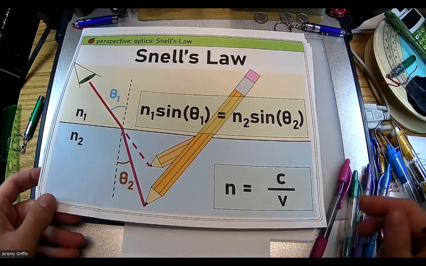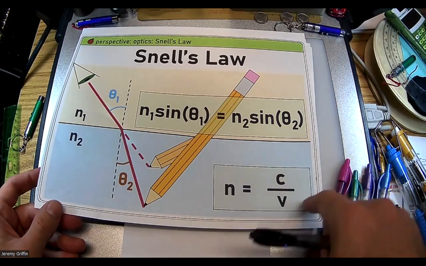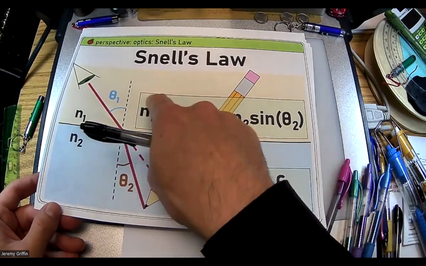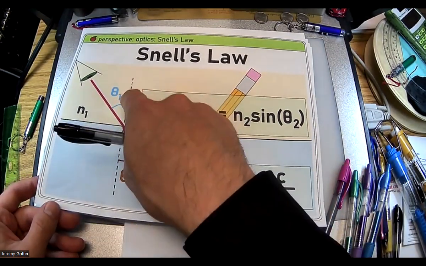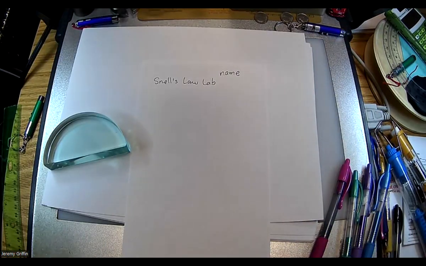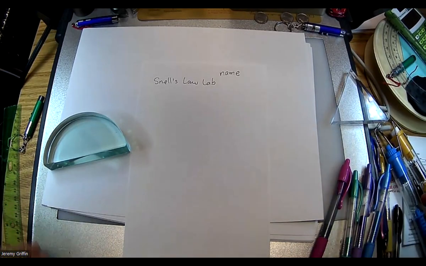It says Snell's Law. Quick review: the green box down here says index of refraction, the ratio of speeds of light. And here's Snell's Law: n1 sine theta 1 equals n2 sine theta 2. So if we can identify three of those four variables, n1, n2, theta 1, theta 2, then we can solve for the fourth. That's about what we'll be doing.